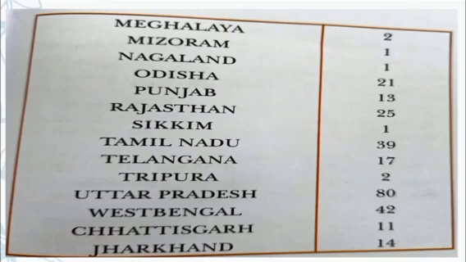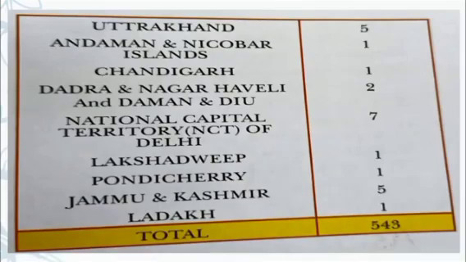In Chhattisgarh there are 11 constituencies. In Jharkhand there are 14. In Uttarakhand there are 5. In Andaman and Nicobar Islands there is only 1. In Chandigarh there is only 1.